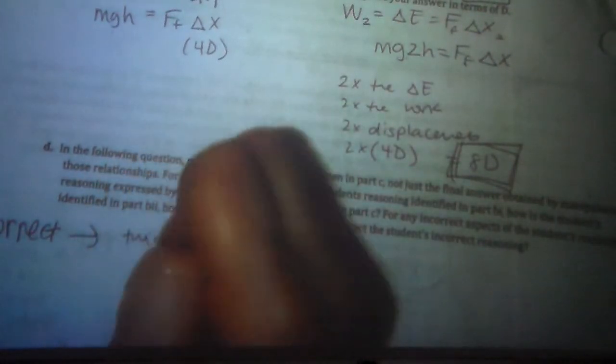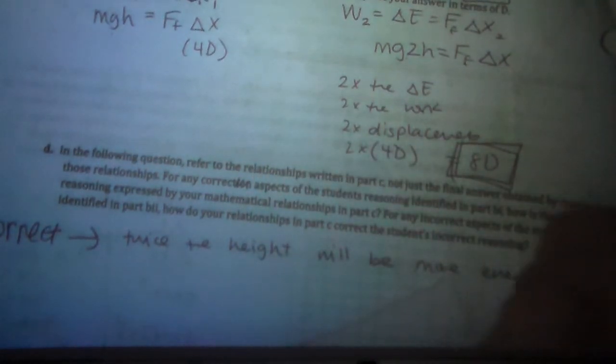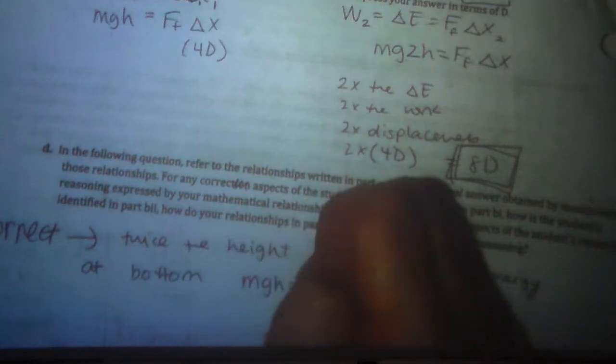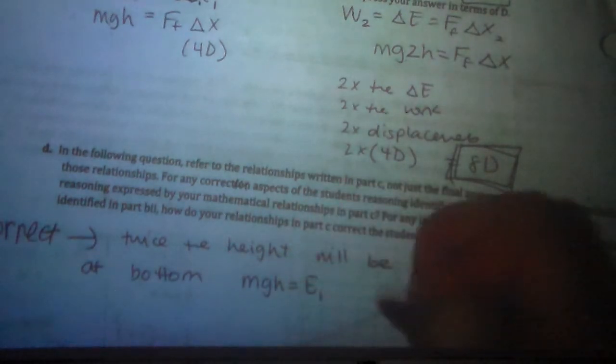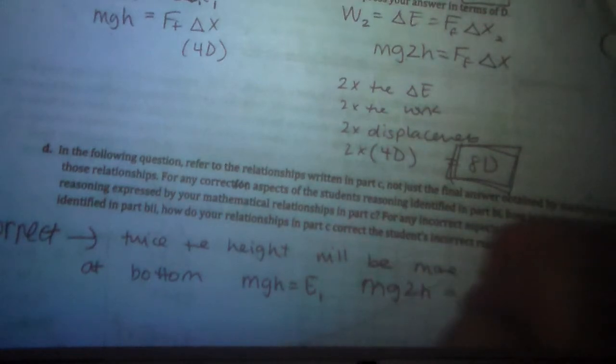So twice the height will be more energy at the bottom. So mgh for energy in the first scenario, and mg2h for the energy in the second scenario.